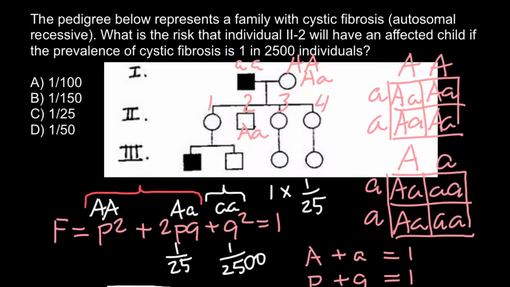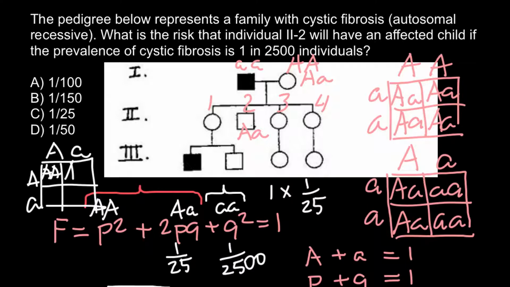And if we would have two carriers, the probability to have an affected child would be 1/4. So I don't have much space left, but one person is a carrier, second person is a carrier, and as you see, according to this Punnett square, capital A capital A, capital A small a, capital A small a, and small a small a. If two persons are carriers, the probability to have an affected child would be 1/4.